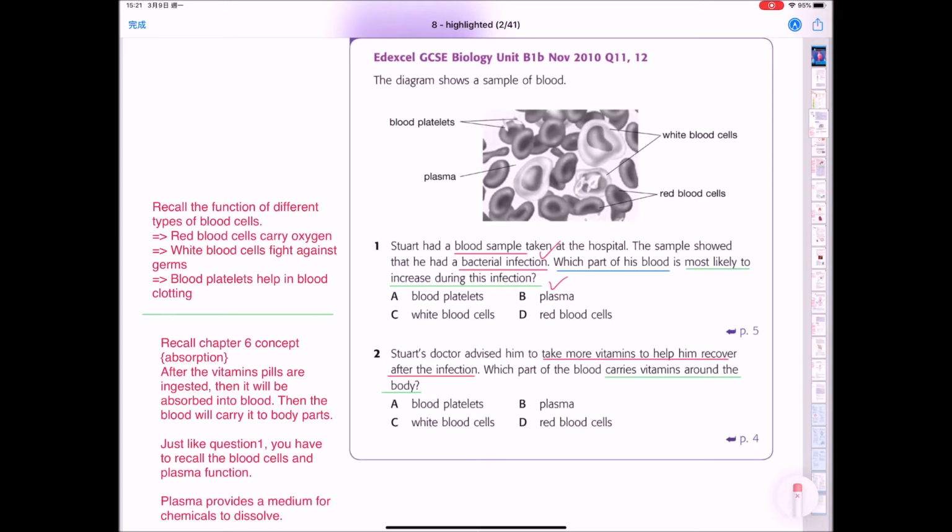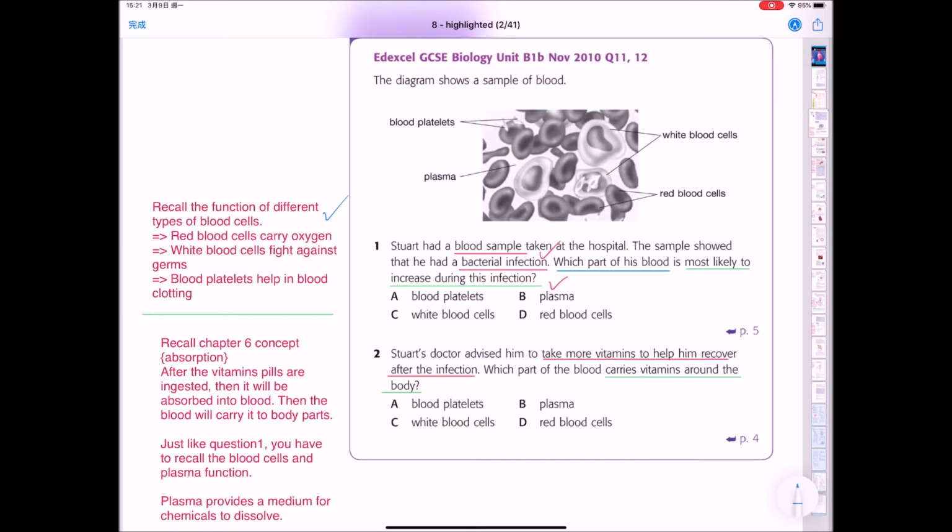For question 1, which part of the blood is most likely to increase during the bacterial infection? In this question, the focus is the functions of the blood cells. Red blood cells carry oxygen, white blood cells fight against germs, and blood platelets help in blood clotting. That's the concept we learned in the functions of the blood cells.